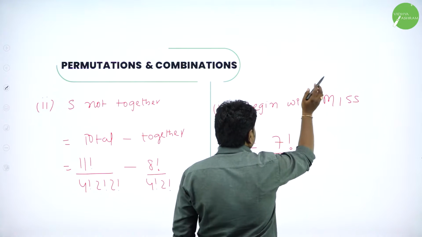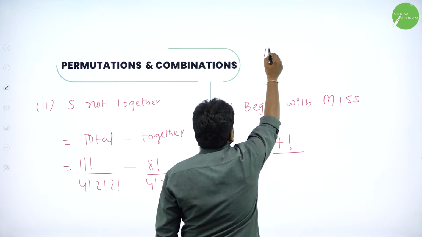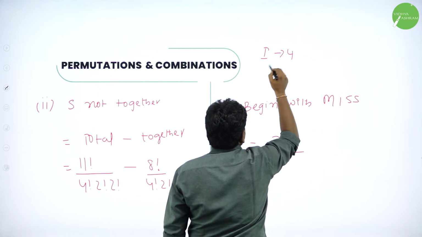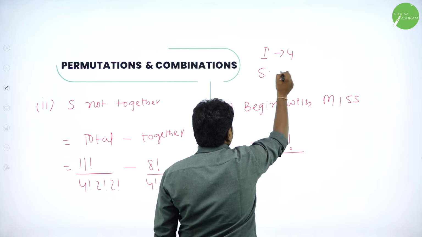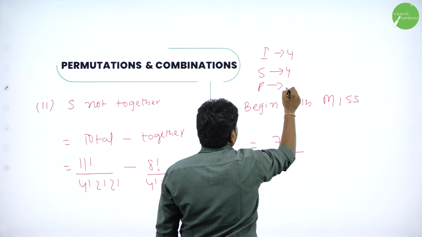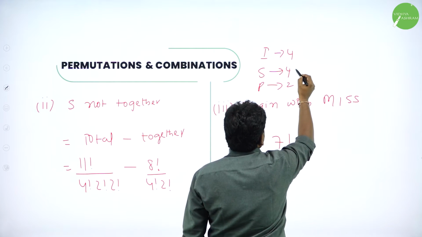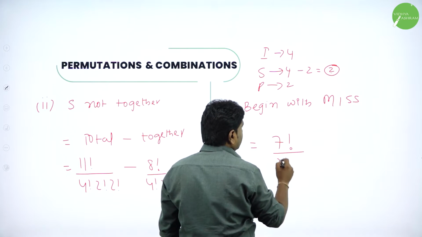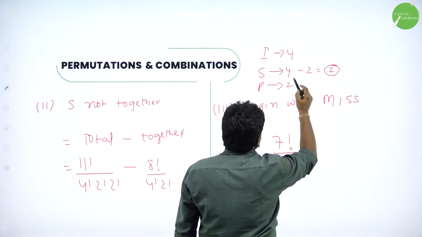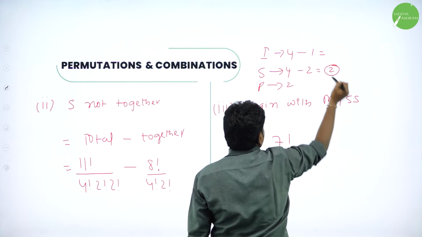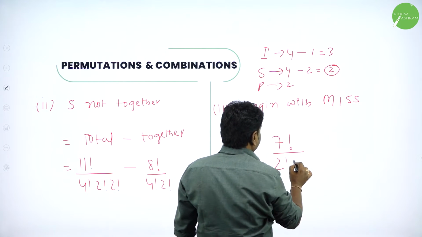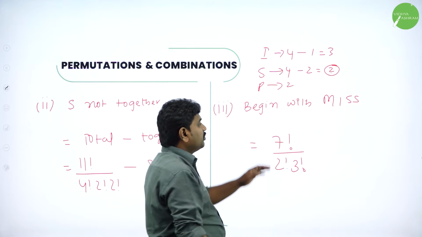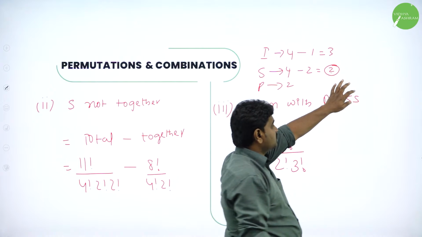But in that 7 letters, I repeated 4 times and S repeated 4 times, P repeated 2 times. But in that, 2 S you have already taken, so remove 2. So we have S repeated 2 times, so 2 factorial. And I, 1 time you have removed 1 I because 1 I is fixed, so 3 factorial. So how many begin with MISS means MISS is fixed.